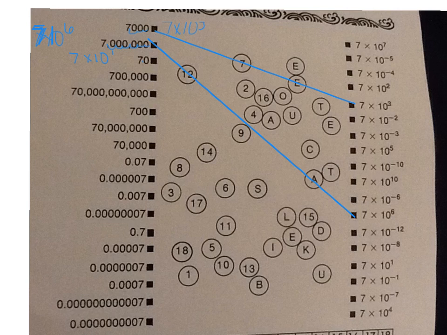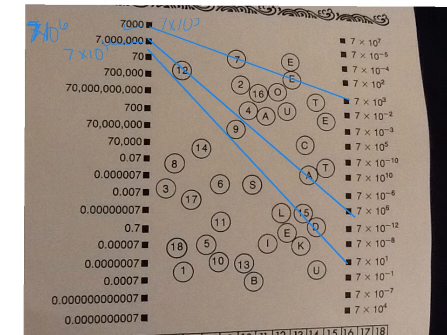So we'll find the match over here, right down here. We'll draw our line to connect. And you'll see that this goes through the letters 15D right there. So you could put 15D down at the bottom of your page.